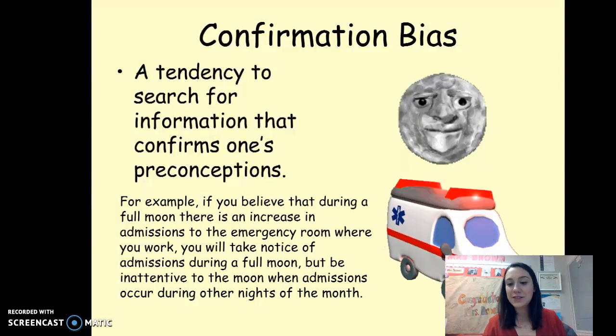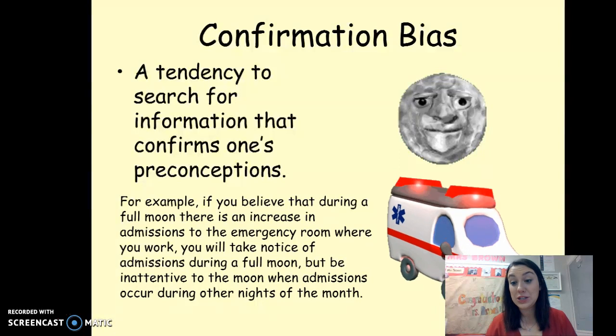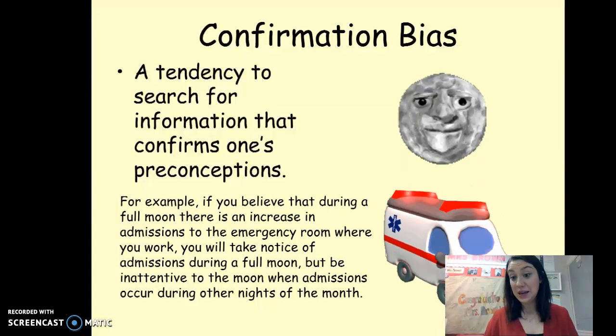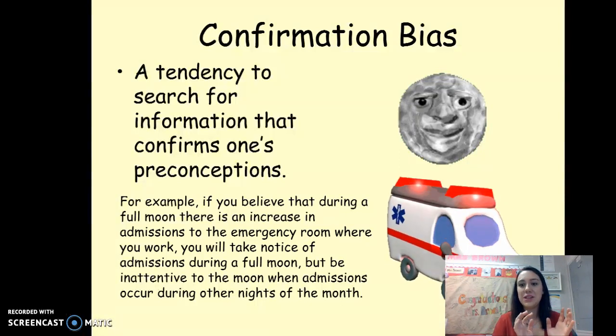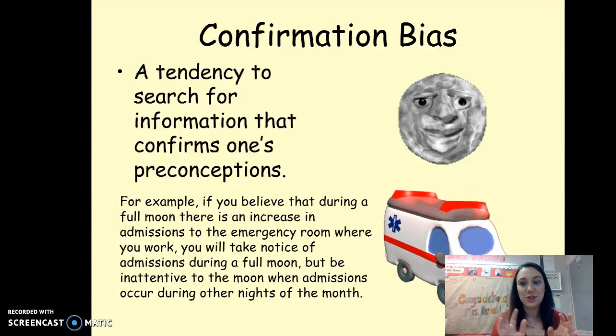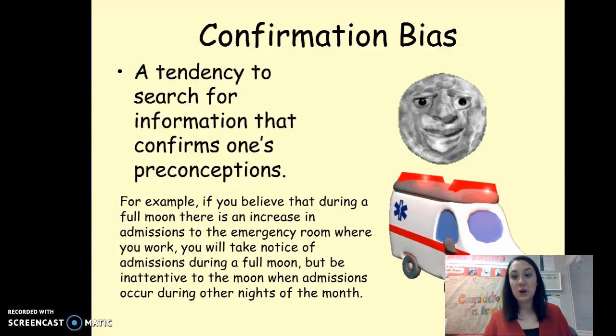So this does have to do kind of with selective attention and what you're choosing to pay attention to. You know, if you think that someone doesn't like you, every time they do something that you think is remotely showing that they don't like you, you start really paying attention to it. And you're like, see? And it's just confirming what you think.